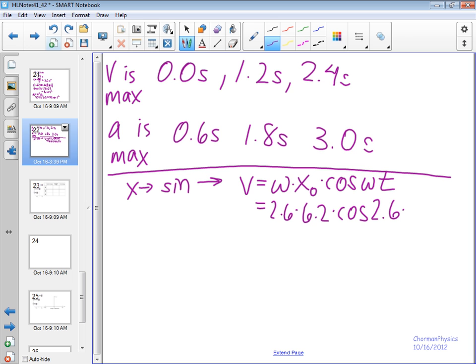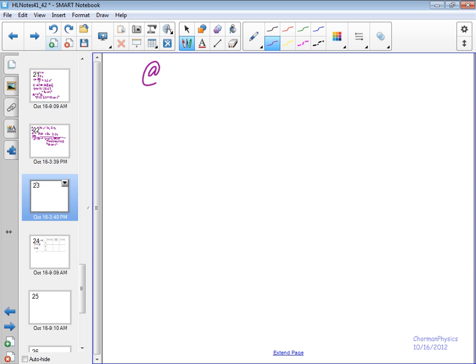Substitute all of our values in here: 2.6 radians per second times 6.2 centimeters times cosine of 2.6 radians per second times the time, which is 1.3 seconds, will give us a velocity of approximately, and I'm rounding with sig figs here, 16 centimeters per second.